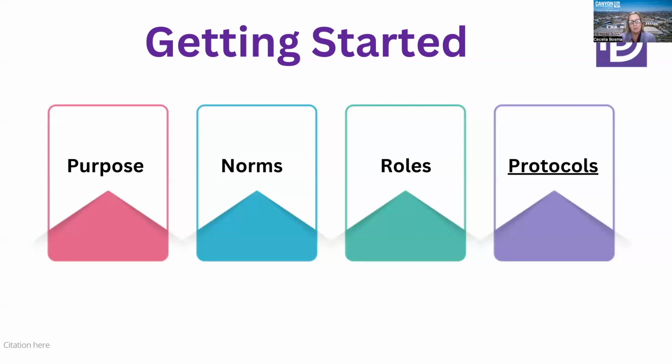It will help to clarify the structure of your gathering and make sure that jobs are not being duplicated. And then clarifying protocols. Just like with your students, you will be more productive as a team if you have protocols in place to guide your time together. So think about those opportunities to create protocols.